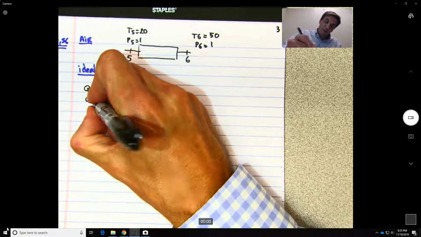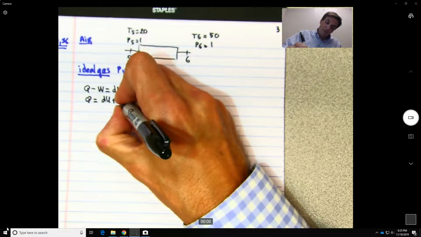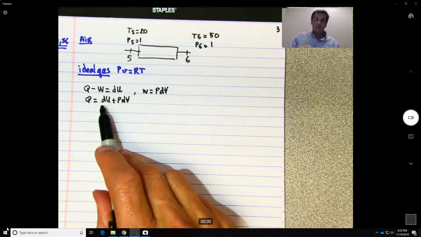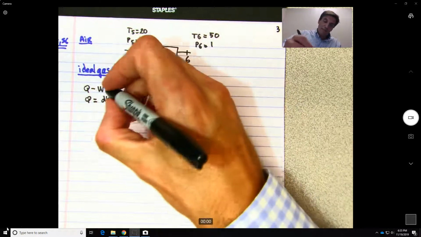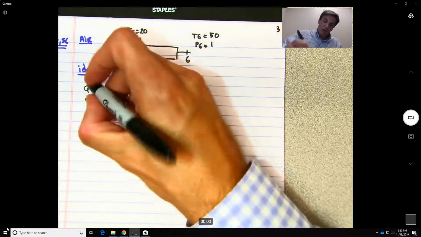So we have Q is equal to dU plus P dV. Okay, so we have this equation here.